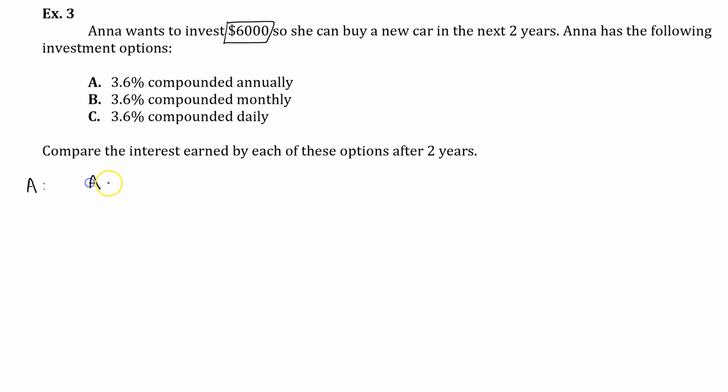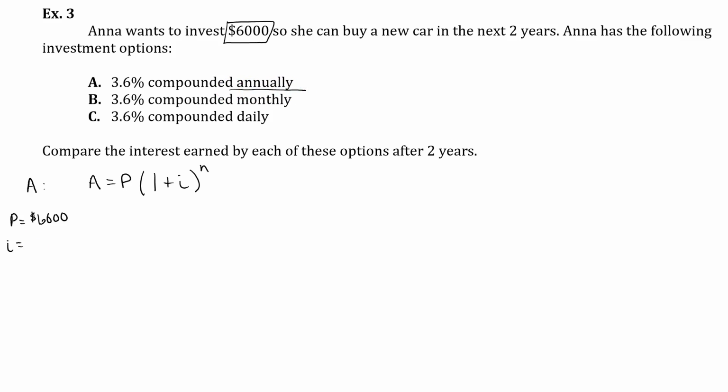We're going to use our compounding interest formula. So A equals P times 1 plus i to the power of n. Principal is going to be the same. It's going to be $6,000. Our i, now let's think about it. We're going to be compounding it annually.